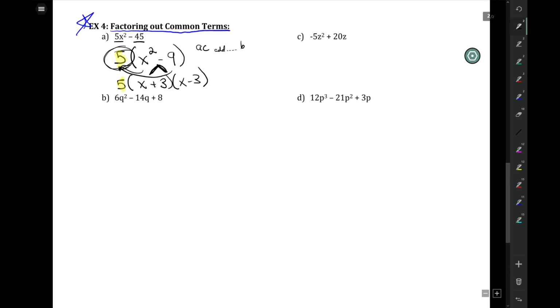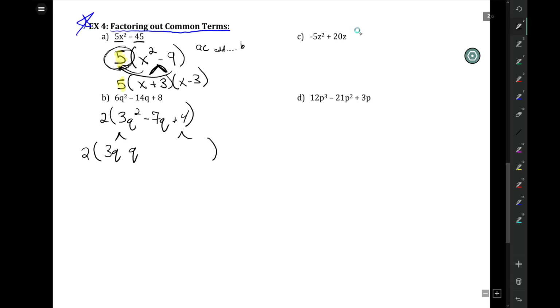Next up here, if we remove a factor of 2 here, leaving us with 3q squared minus 7q plus 4. You can certainly use your newfound factor skills now. And we're thinking 3q and q.